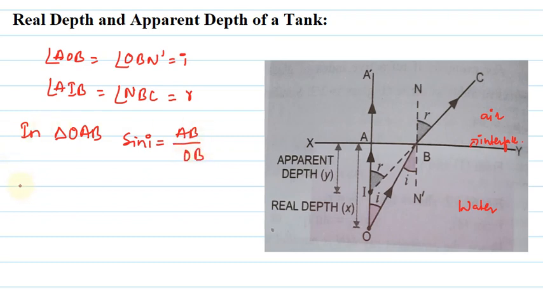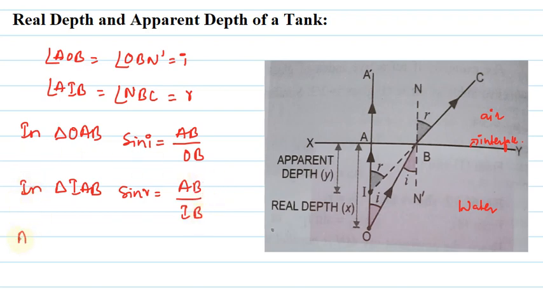In the same way, let us take another right angle triangle, triangle IAB. Angle here is r, AB is the opposite side, and IB is the hypotenuse. Then I can write sine r is equal to AB upon IB.